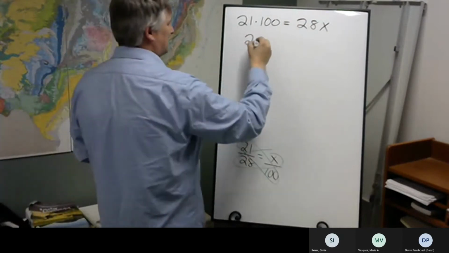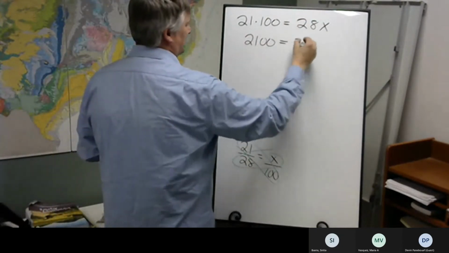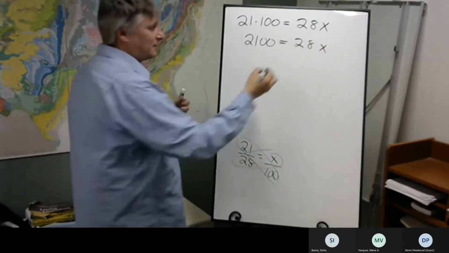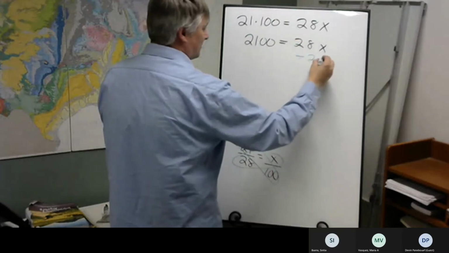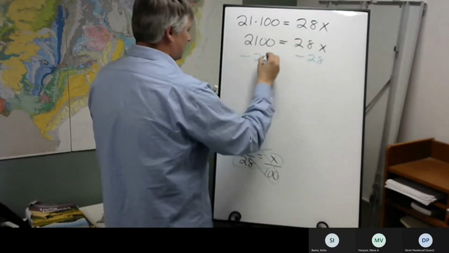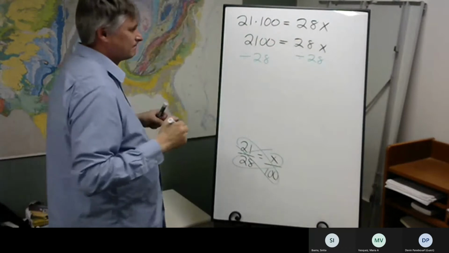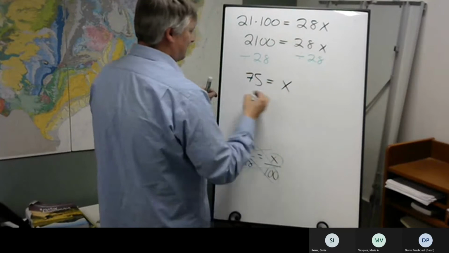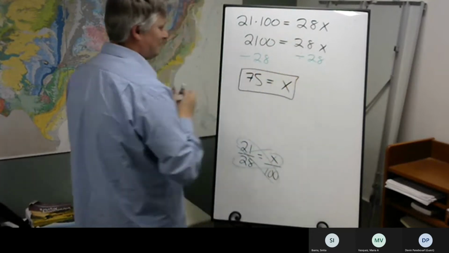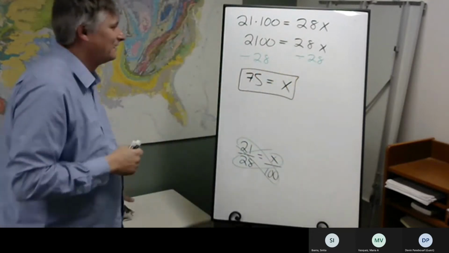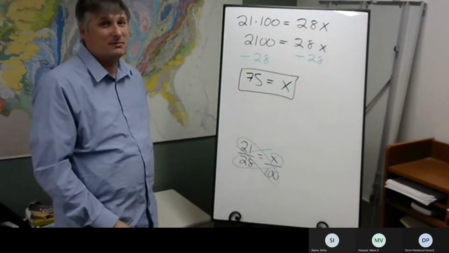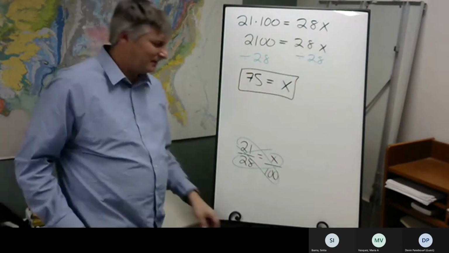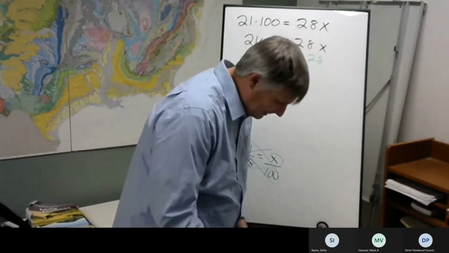And so 2100 is 28x. Divide both sides by 28. And this will be 75 equals X. Questions about that? So last one.